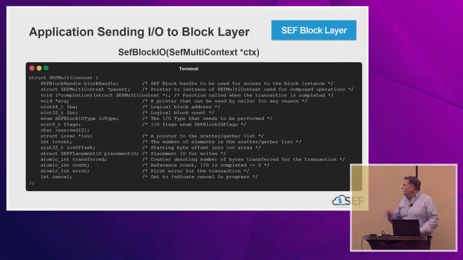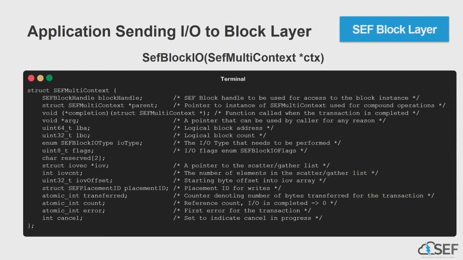Okay, so this is the essence of issuing a block I/O through the SDK. Essentially, you call SEF-block I/O with a context data structure. This context data structure, it's an eye chart. You're going to get the slides. Don't feel like you have to see it all right now.